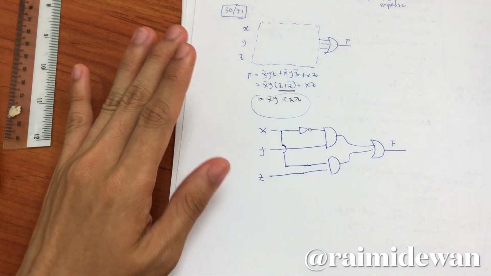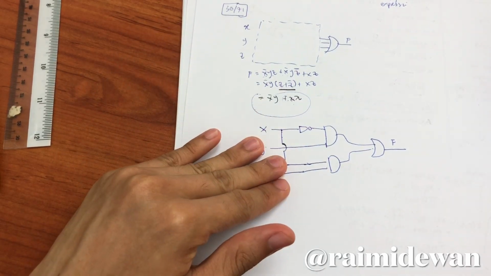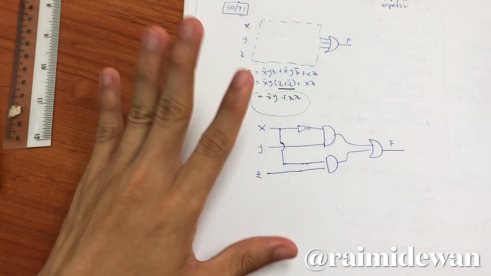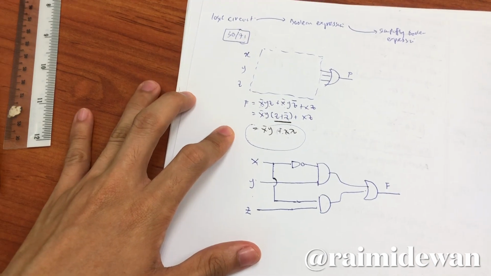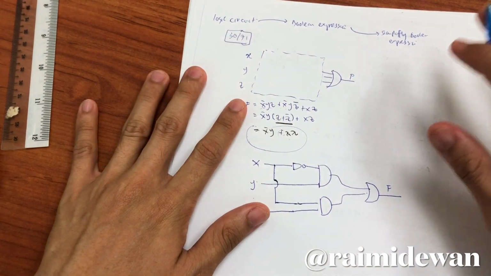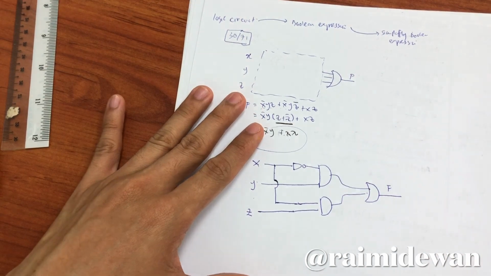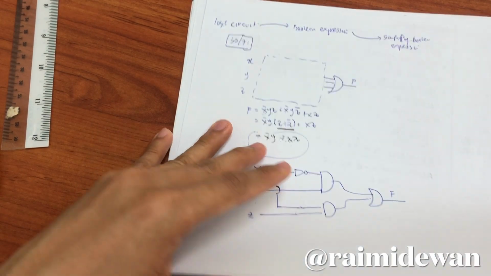So this is your function. You see, this is much simpler than the logic circuit that I showed you in the PowerPoint, the PDF. I will share the PDF with you, so you guys can look at it on your own.